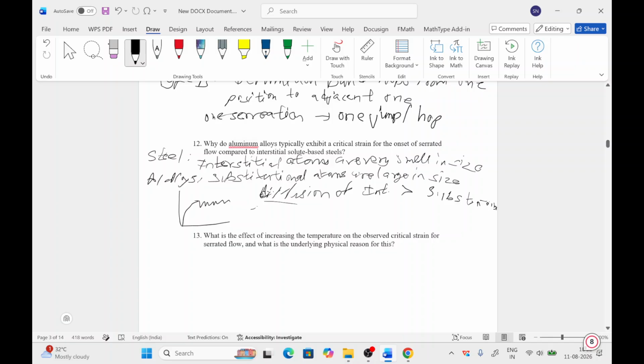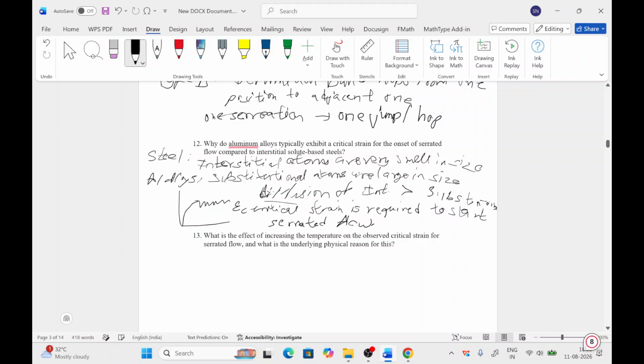So for this, a critical strain is required to start serrated flow. The critical strain is written as epsilon C.